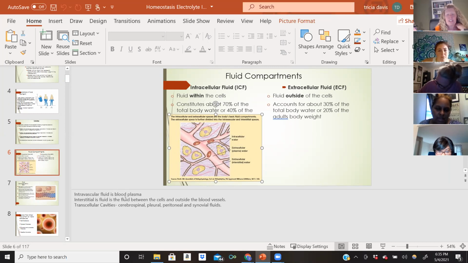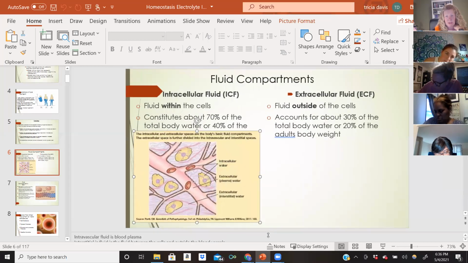Then we have intravascular. So intravascular is our blood plasma. So that's what's going through our veins. Okay, that's this area in here. And then we have interstitial fluid, and interstitial fluid is between the cells and outside the blood vessels.